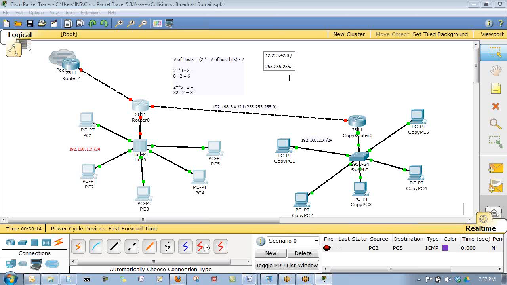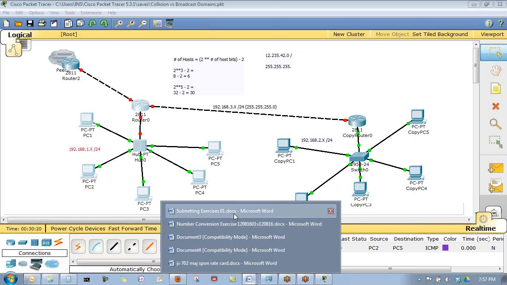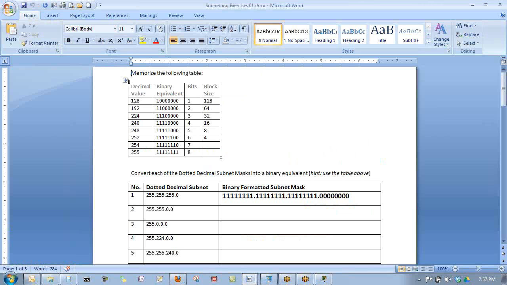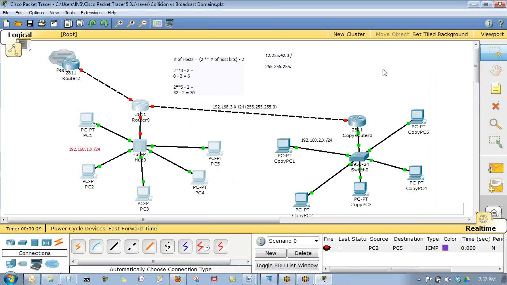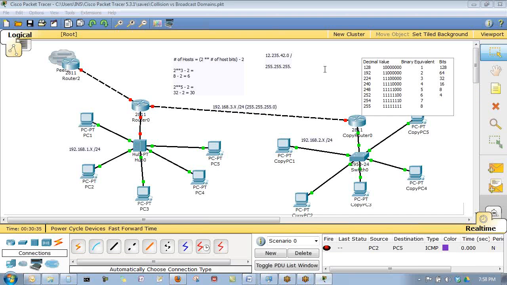If you recall back to our table, do you remember our table that we had? Let me pull that up. There's our table. If I'm going to do 5 bits, notice the 5 there.